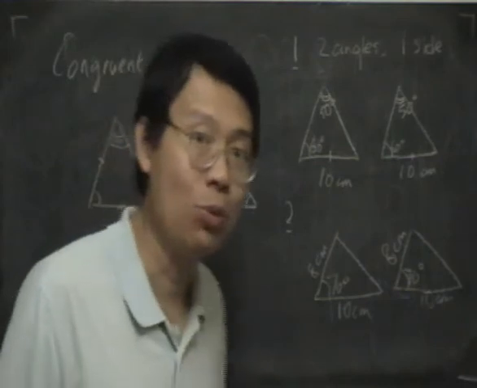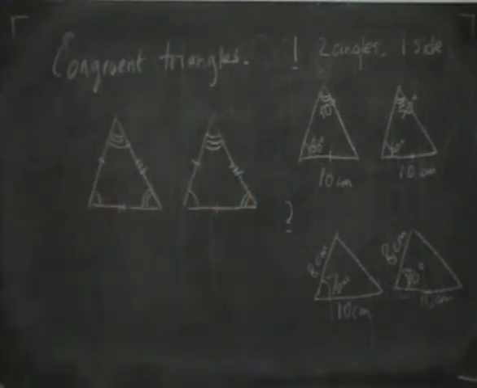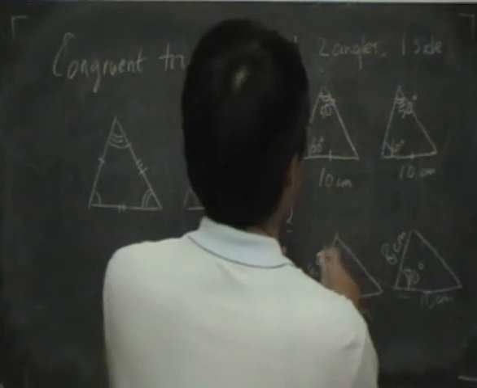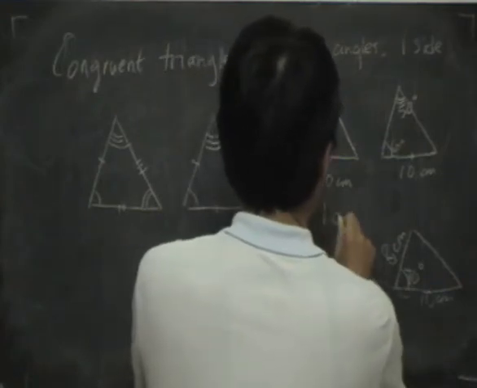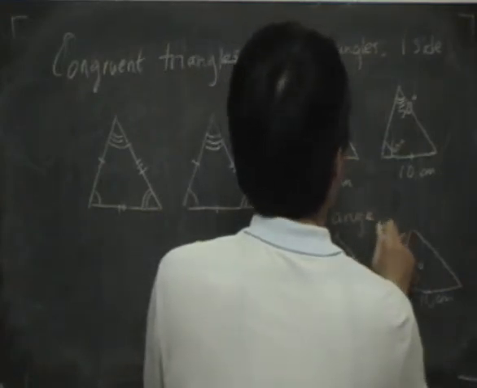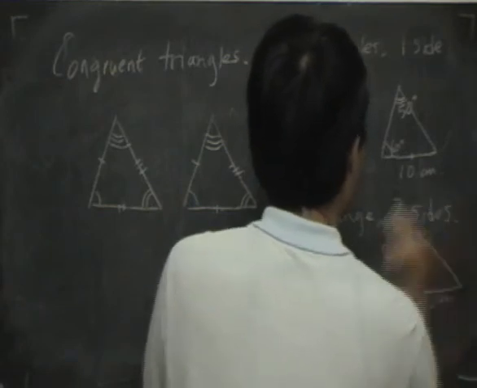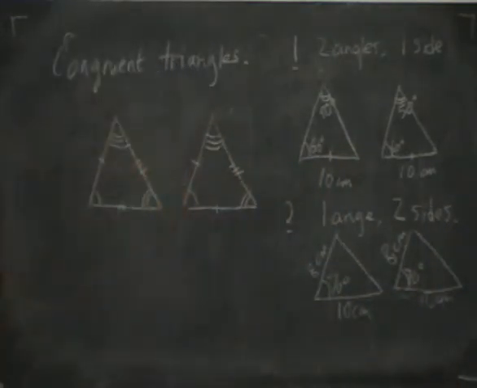So that's one simple way to understand it. One more, let me write down this condition. So this is one angle and two sides. Okay, so that's the condition in this case.